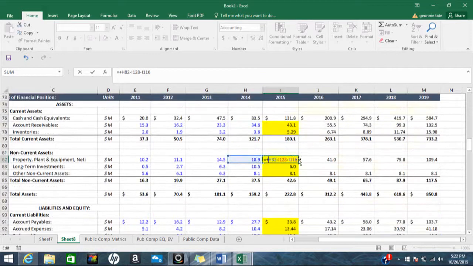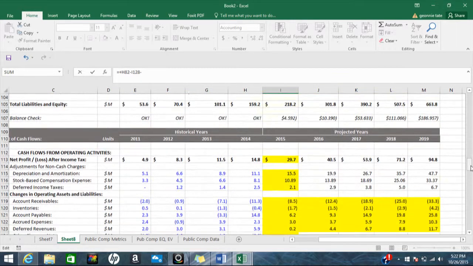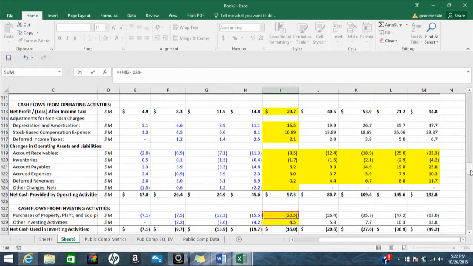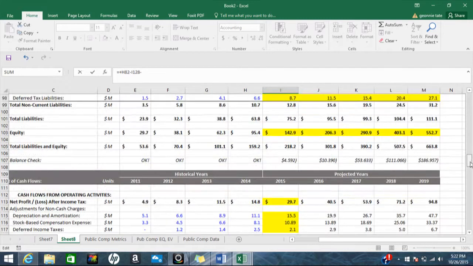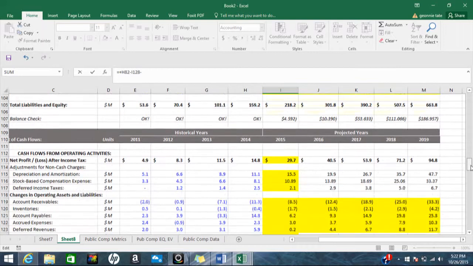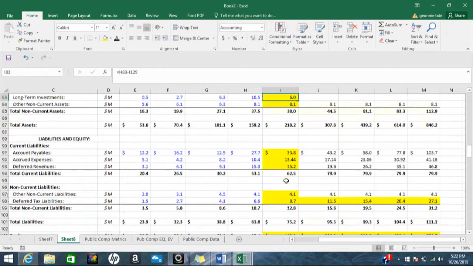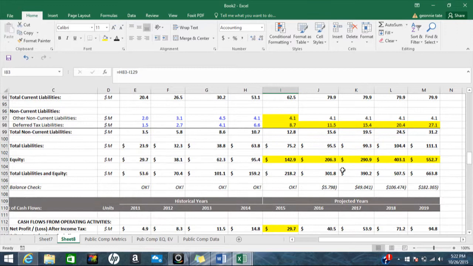It should just be the depreciation and CapEx. So let me see which one of those do I have. I had a CapEx. I need to get the depreciation. And that's what it was.